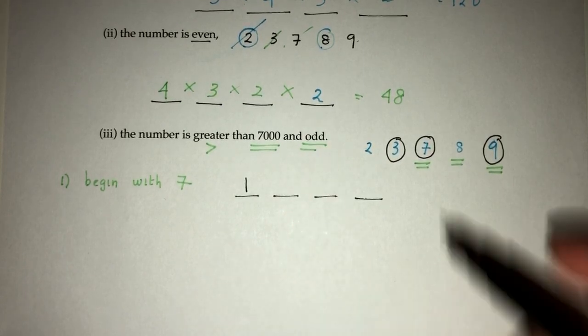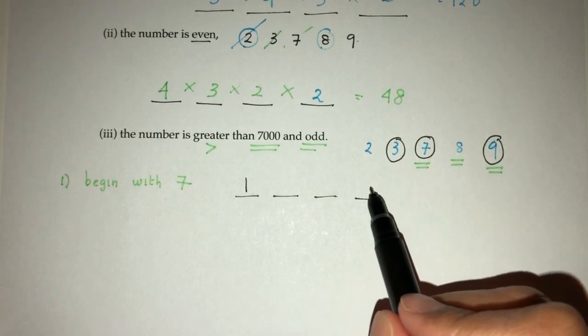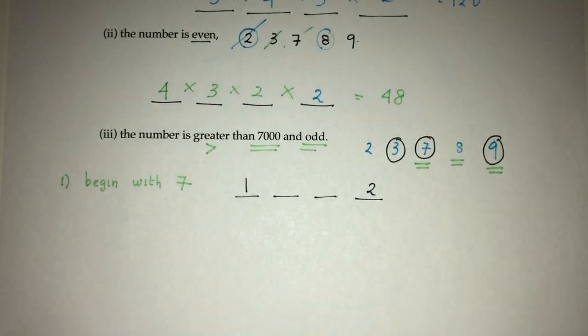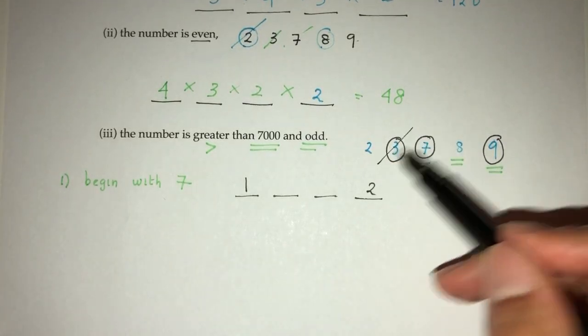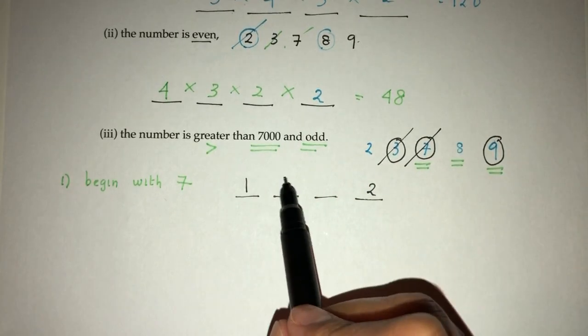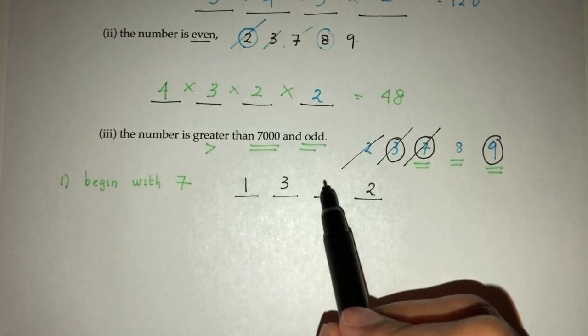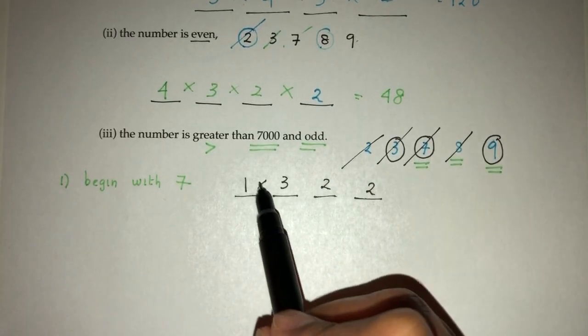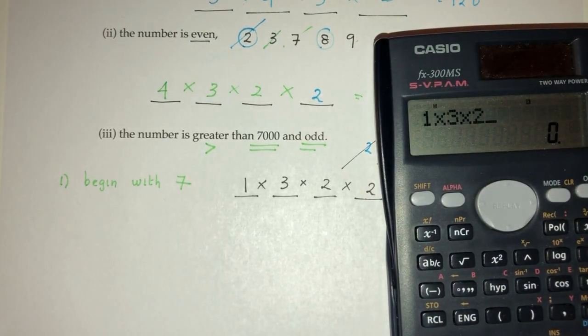If 7 is gone, we will have 3 and 9. We can have 2 options of ending the number for it to be odd. Now say we choose 3, so 3 is gone, 7 is gone. Now we have 3 numbers remaining, so we have 3 options. Let's say we choose 2, and then we have 2 numbers remaining. We choose 8. So here we go. We have 1 times 3 times 2 times 2.